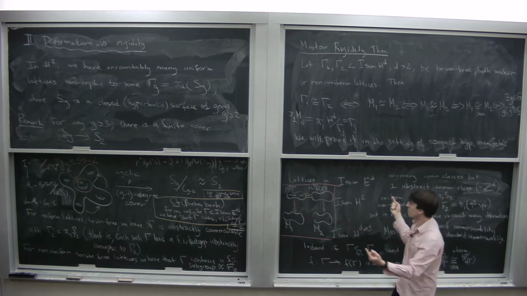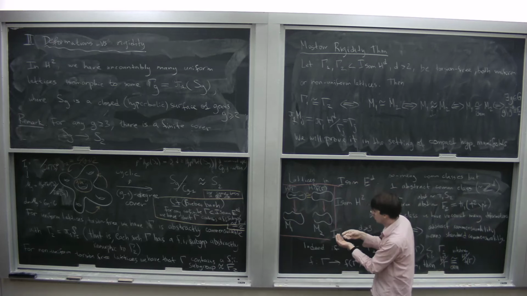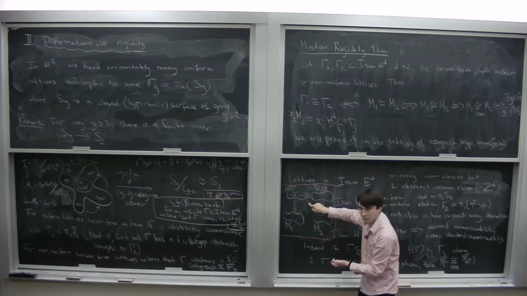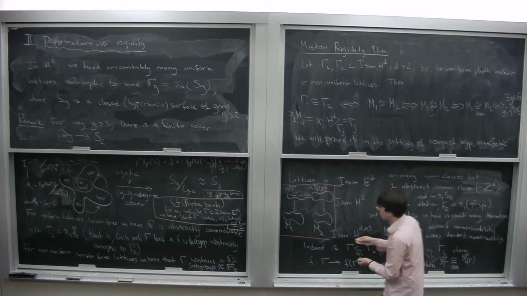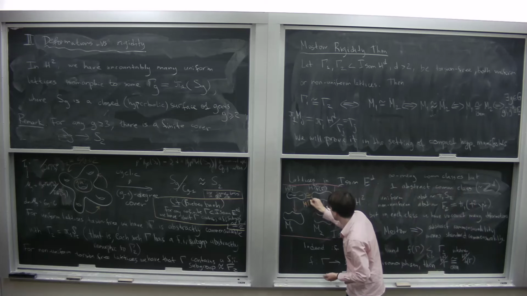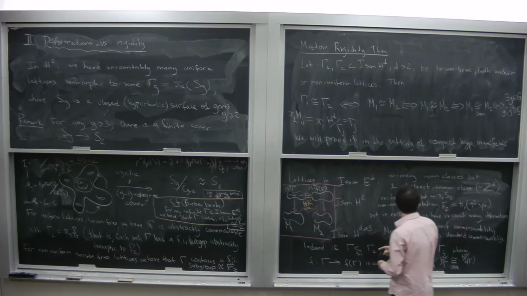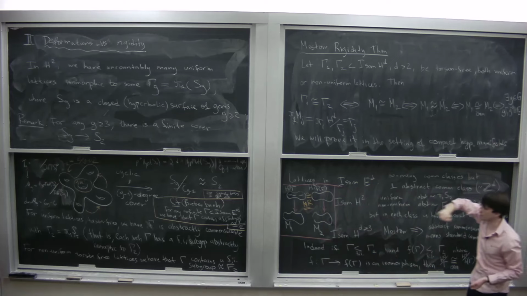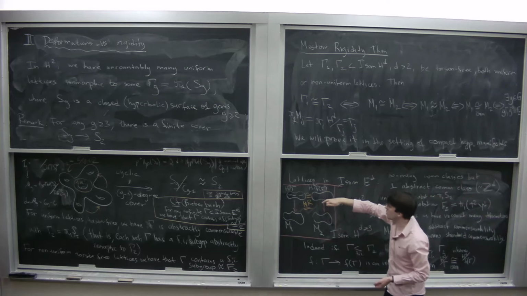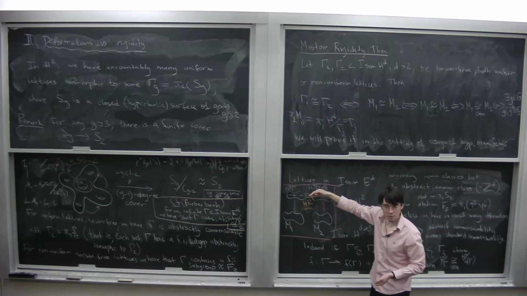And then Mostow rigidity, right? Mostow rigidity is precisely this. But then we look at the right part here, and it gives me that this isometry is obtained via conjugation.